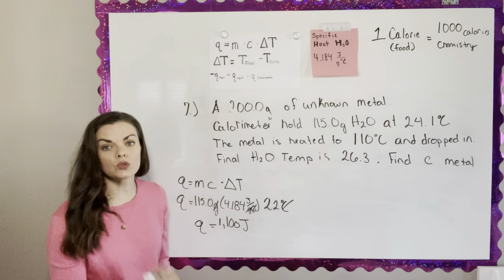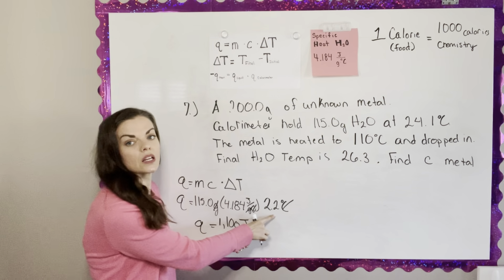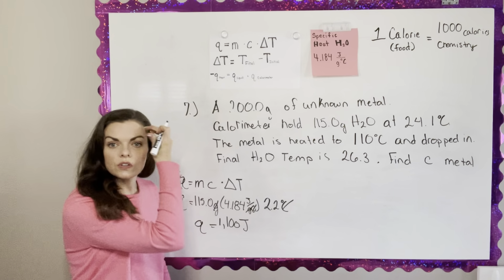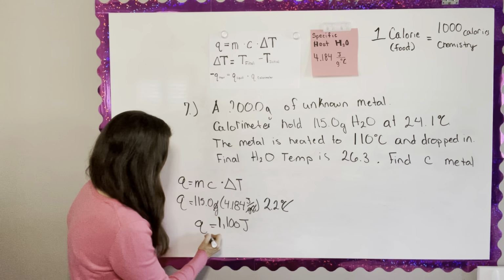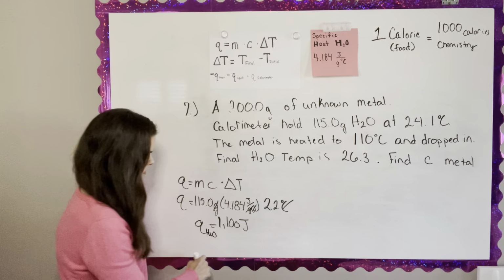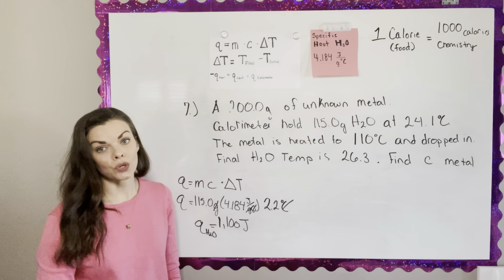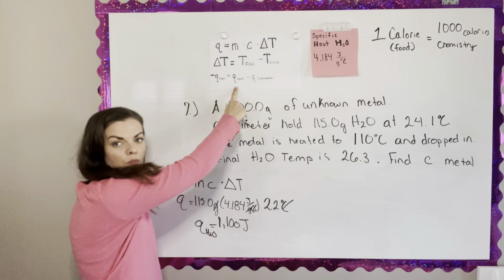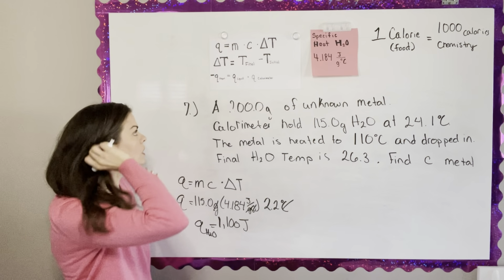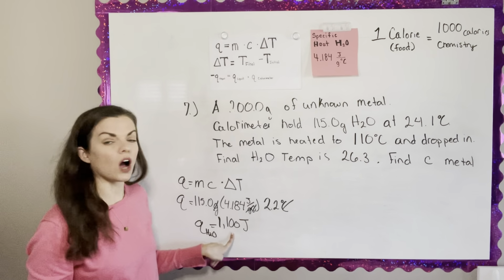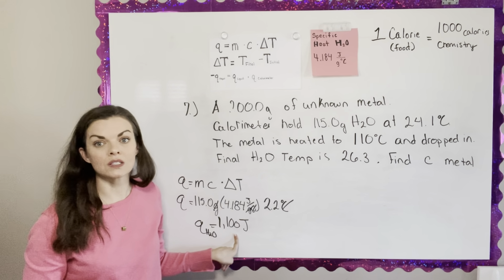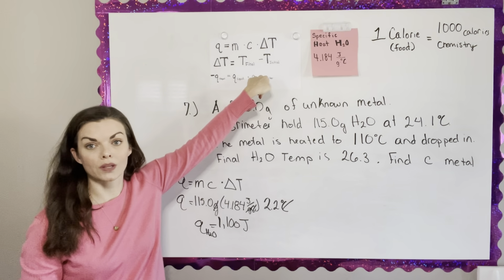I'm only going to keep 2 significant figures, because I have 2 significant figures in my temperature. And so I have a Q for the water is 1,100 joules. Now, I would normally put this into this equation. And so I know that the object then lost 1,100 joules because the equation told me to ignore the calorimeter.